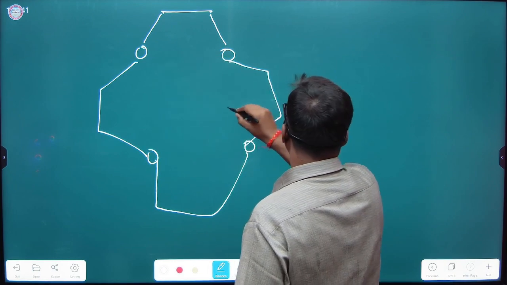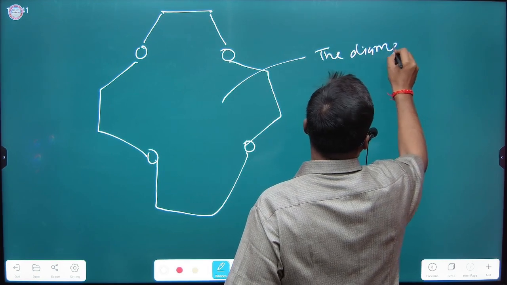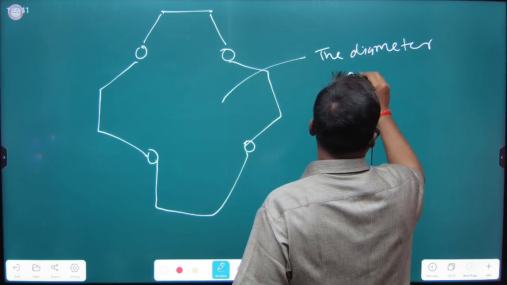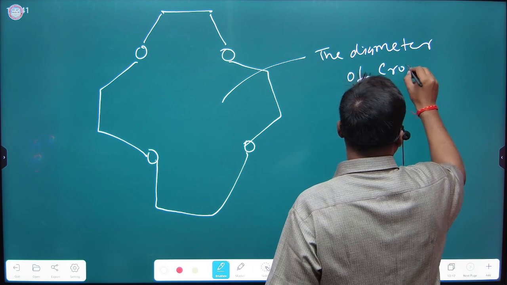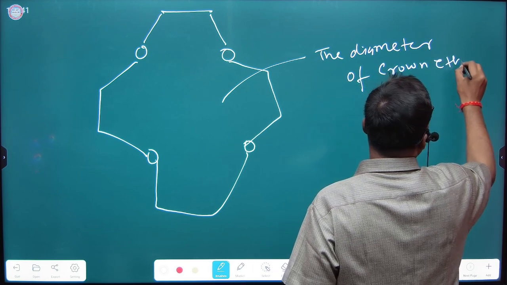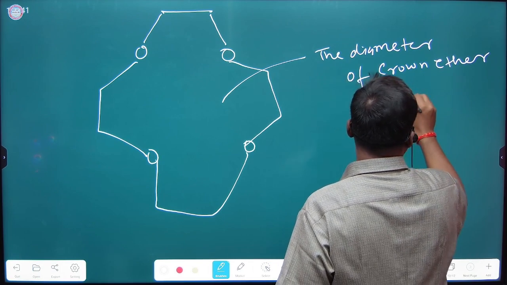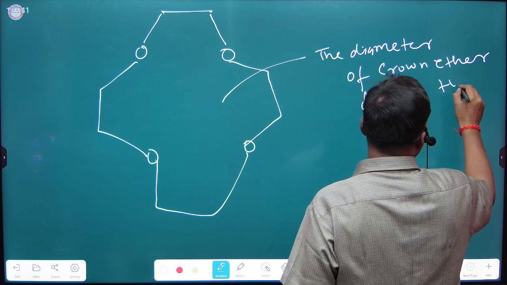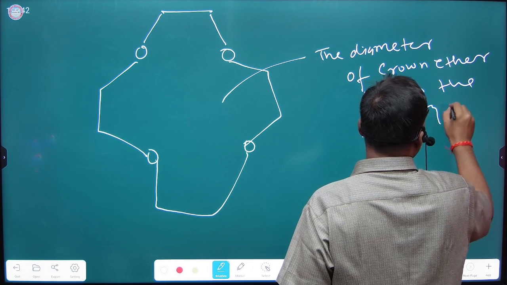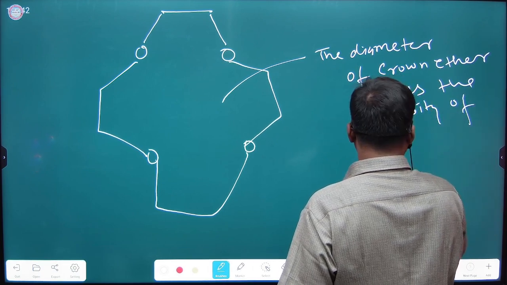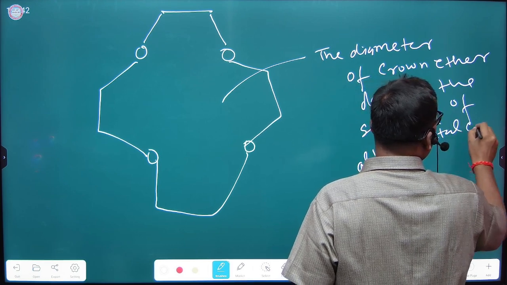The diameter of the crown ether decides the selectivity of the alkali metal cation.